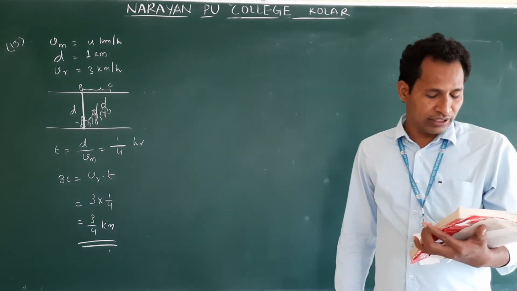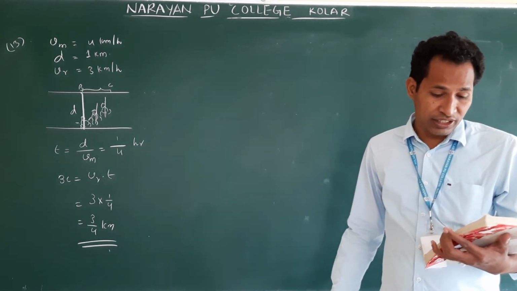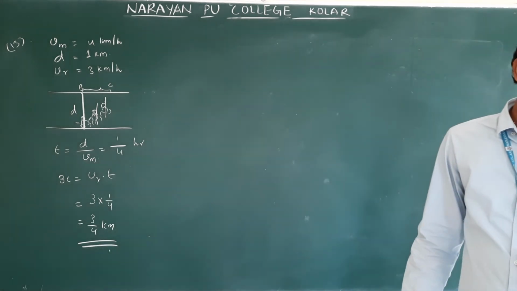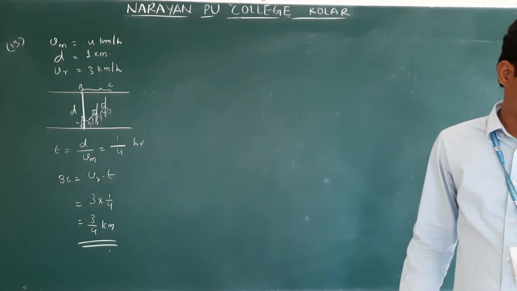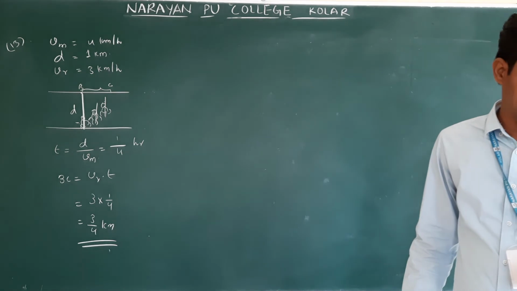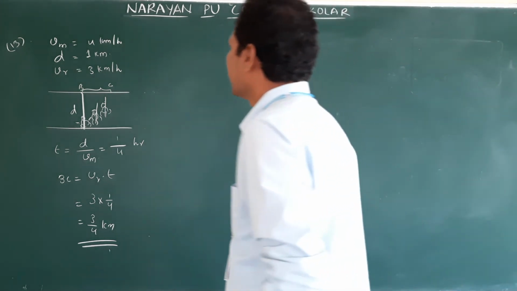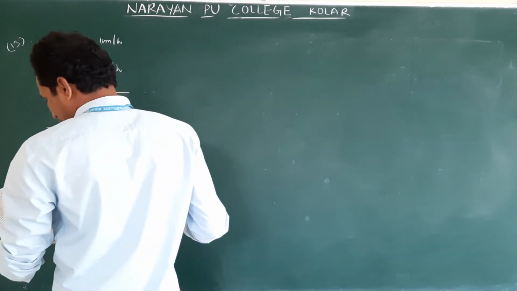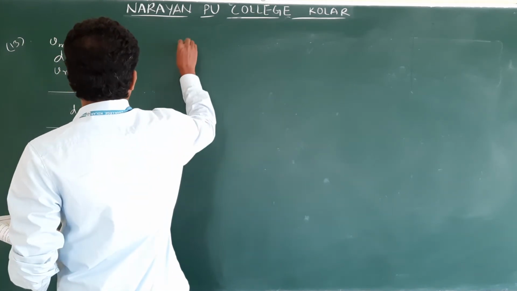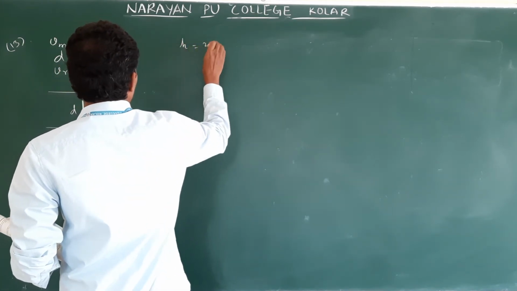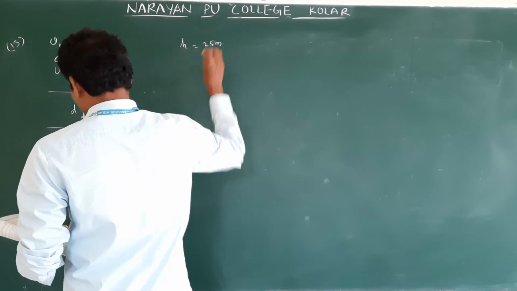The ceiling of a hall is 25 meters. What is the maximum horizontal distance that a ball thrown with a speed of 40 meters per second can go without hitting the ceiling of the hall? So first write down the information given, then we will proceed. The height of the hall is 25 meters.